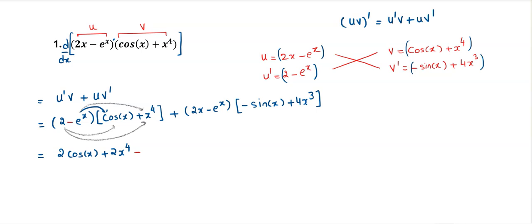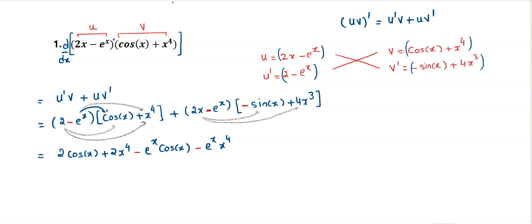So what will you get? Minus e power x cos x. Similarly, when you multiply minus with plus x power 4, you will get again minus e power x x power 4. In the same way, open the second bracket. 2x multiplied with sin x and with this. Make sure you are using the signs appropriately. Here you have this minus sign and this minus sign.